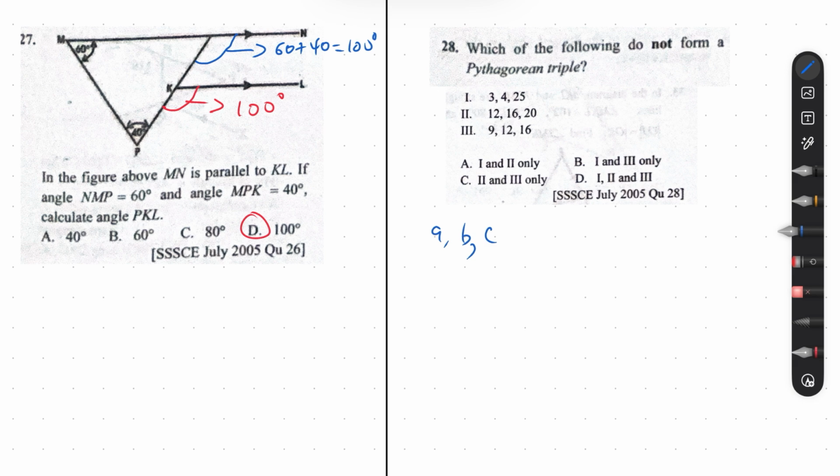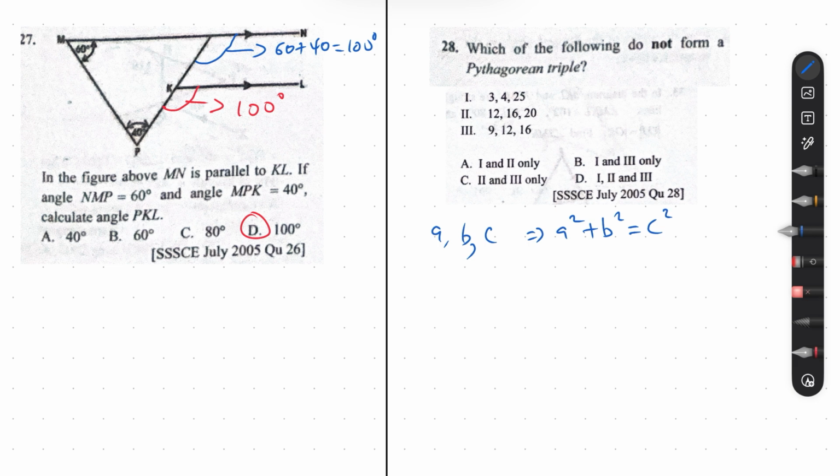For A, B, and C to be a Pythagorean triple, the sum of the squares of two of them should be equal to the square of the last one. So for example, if we square A and B, their sum should be equal to the square of C. So A squared plus B squared should be equal to C squared.